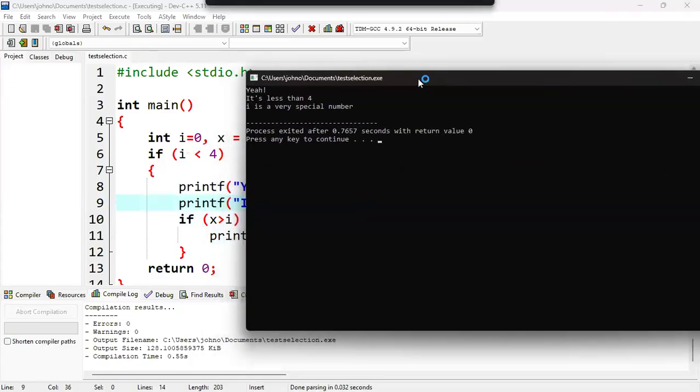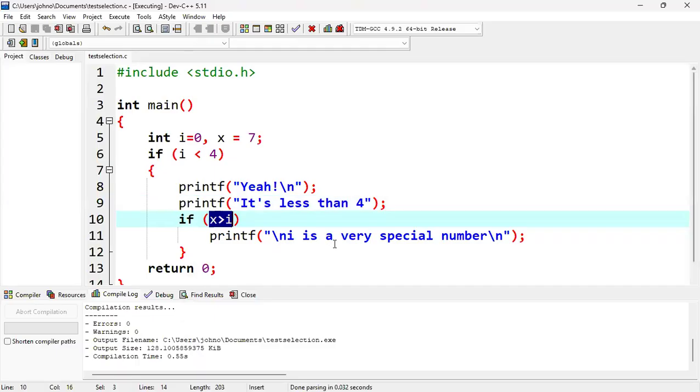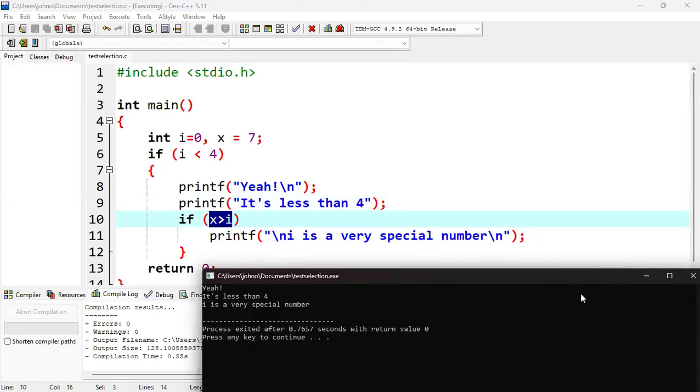It says I is a very special number. Why? Because I is 0 and 0 is less than 4, and at the same time 7 is greater than 0. 7 is greater than 0. So it displays what normally we expect it to display. I is a very special number.